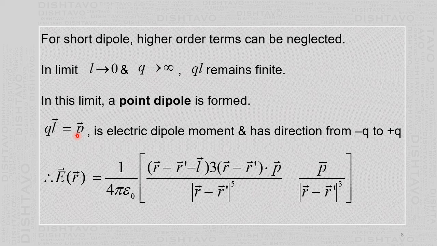Now the expression which we found for the electric field in the previous slide, vector E as a function of vector r, is the electric field, which is called a vector field. So there, Q vector L: this Q which was here we will take inside. So Q vector L is vector P. Q which was here is taken here, and vector L was there. Q into vector L is vector P. So this is the final expression for the electric field at a point due to the dipole.